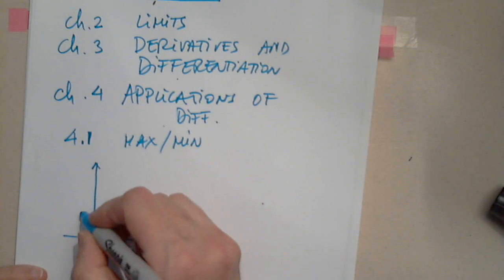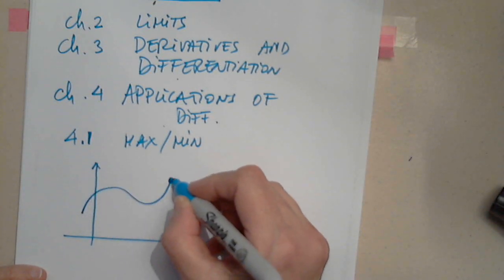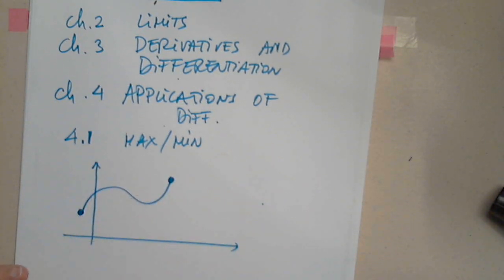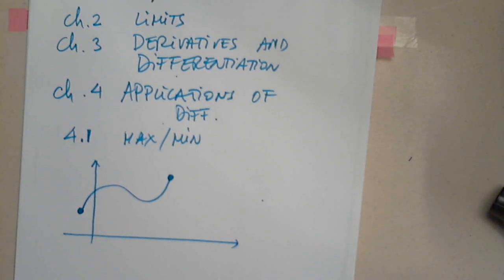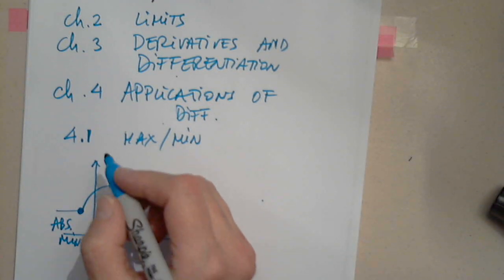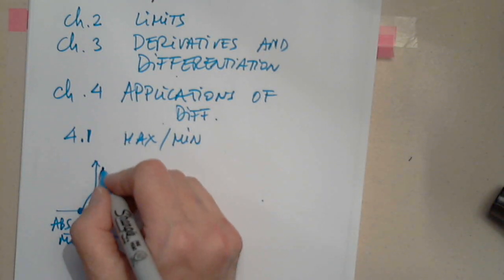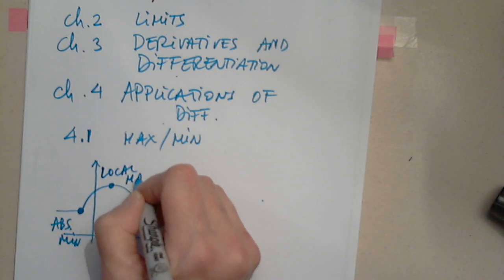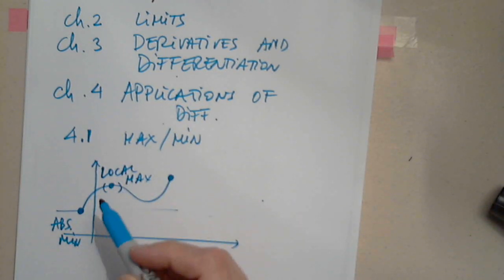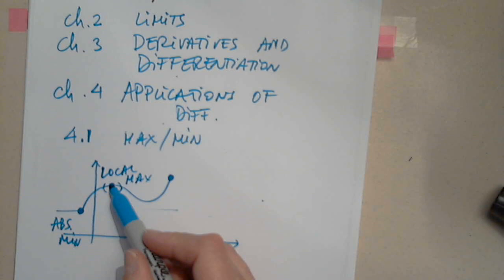So let's look at a function, just a simple function for now, but it's defined on a closed interval. This point is the absolute min, because there is no other value smaller than it for this function. This, somewhere here, is a local max, because the function values are smaller than this one.